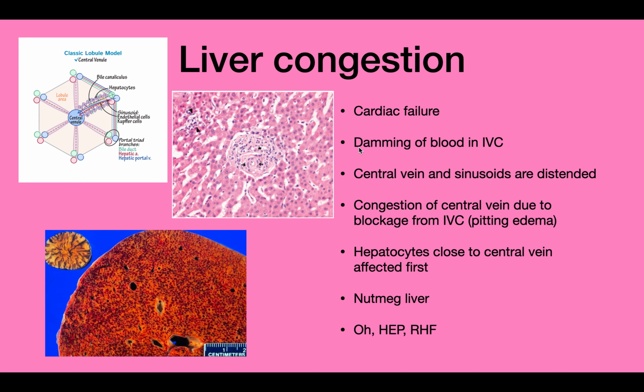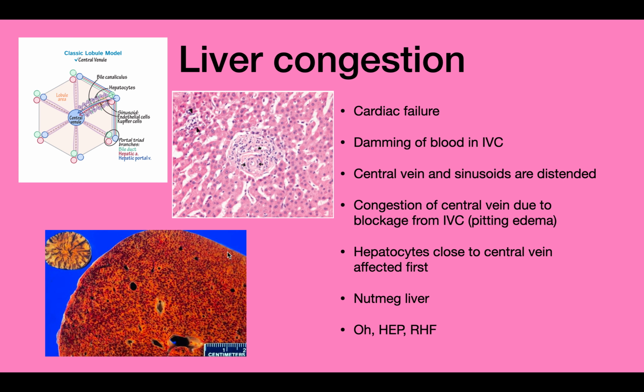So in the liver, edema usually occurs because of cardiac failure, and then there's going to be damming of the blood in the inferior vena cava. So blood isn't going to be able to be pumped correctly. It's going to back up, and then the central vein and the sinusoids of the liver are going to be distended.